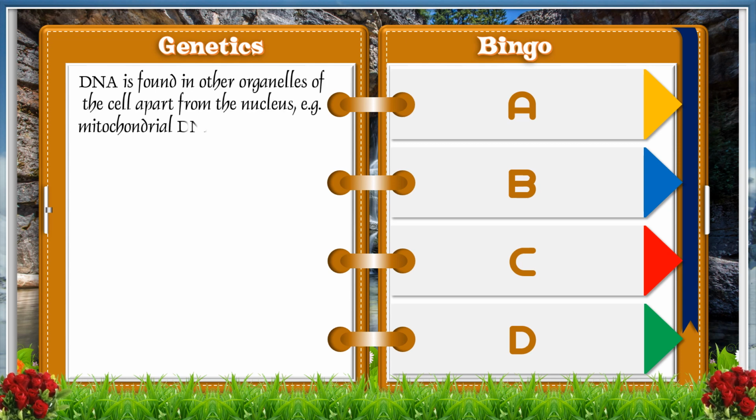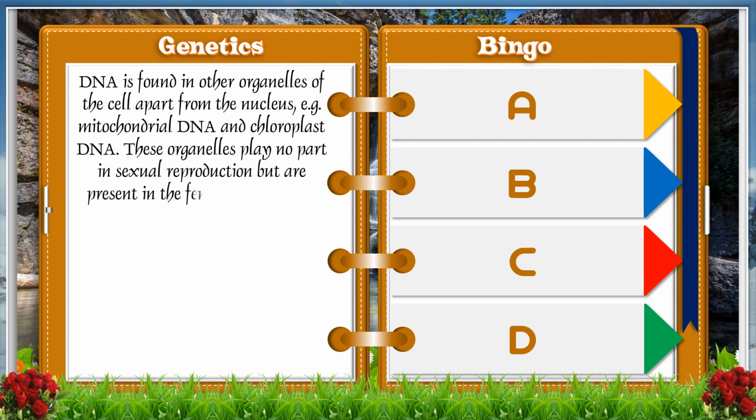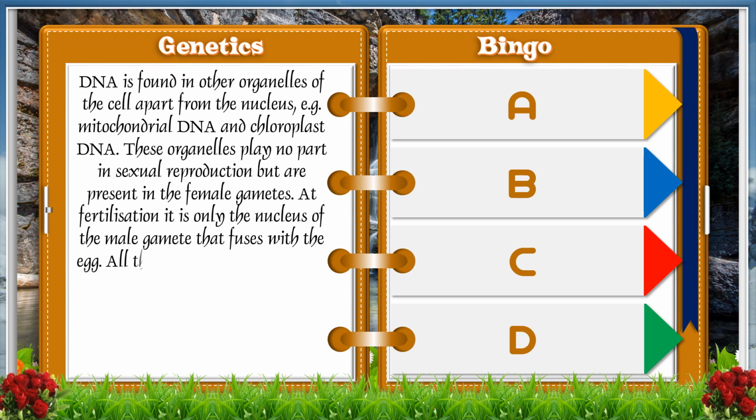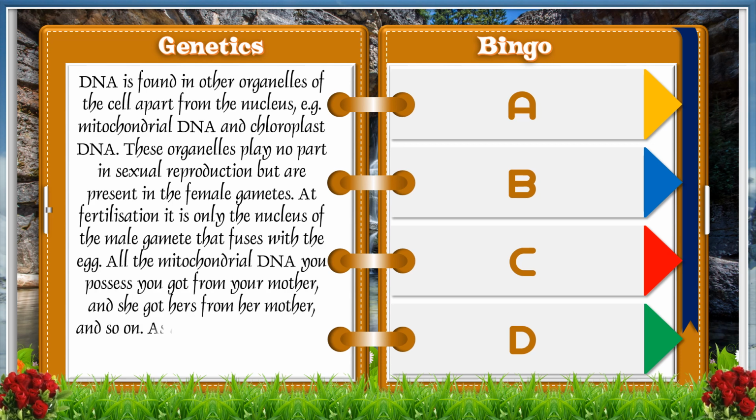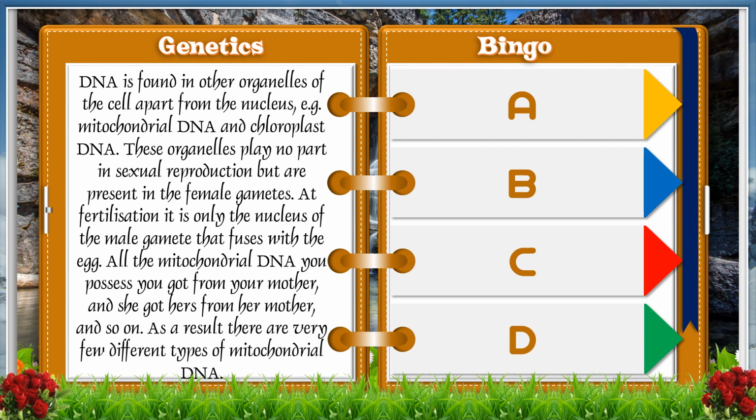DNA is found in other organelles of the cell apart from the nucleus. For example, mitochondrial DNA and chloroplast DNA. These organelles play no part in sexual reproduction, but are present in the female gametes.